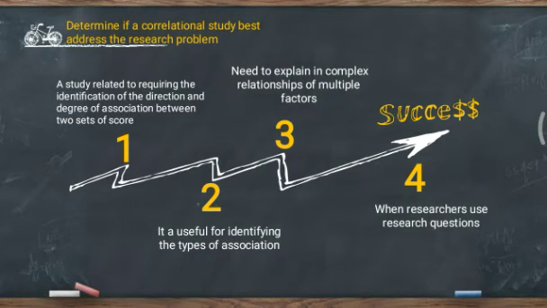And this slide is about determining if a correlational study best addresses the research problem. It is a study requiring the identification of the direction and degree of association between two sets of scores. It is useful for identifying the types of association and explaining complex relationships of multiple factors, when researchers use a research question.